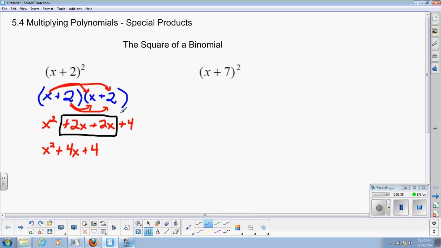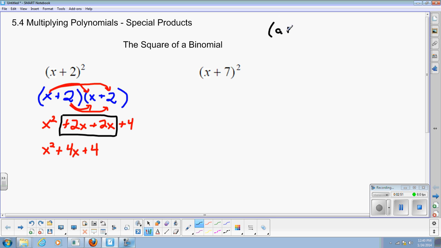So what you have then is, when you have a square of a binomial, x plus 2 squared, x plus 3 squared, you'll have a pattern. If you were to look in your textbook, it will show you a purple diagram, and inside that purple diagram it shows you this.